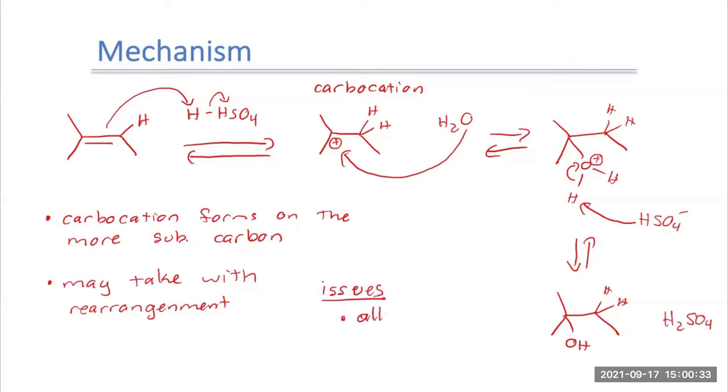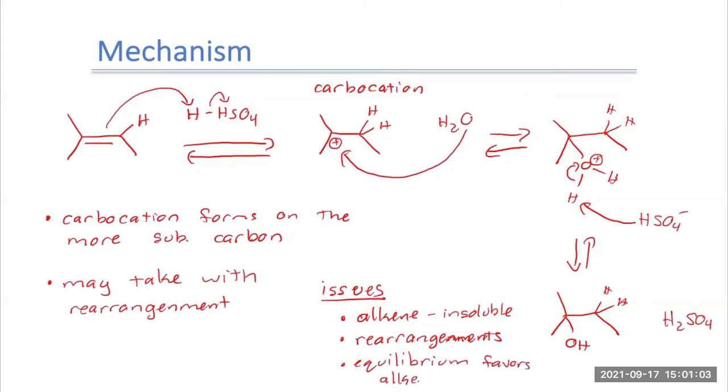So the alkene is insoluble in our solvent. We get our rearrangements, which means we can end up with more than one product. And then the equilibrium usually favors the alkene, not the alcohol. So we're not going to get as much of that product as we want.